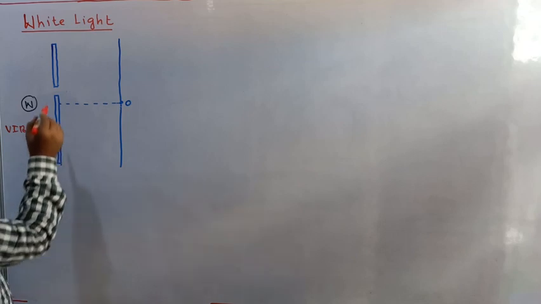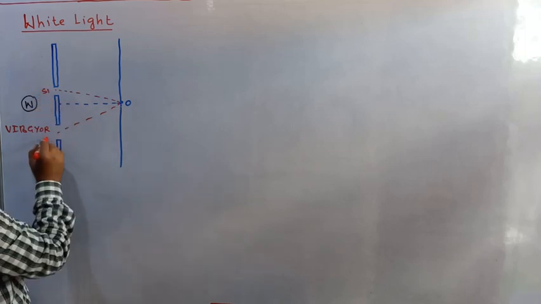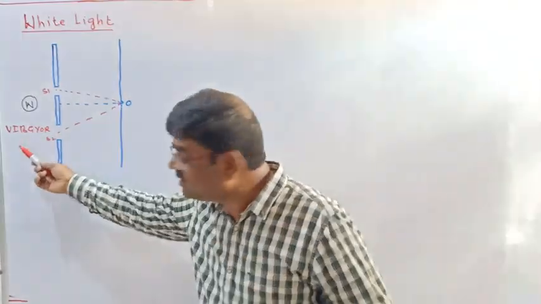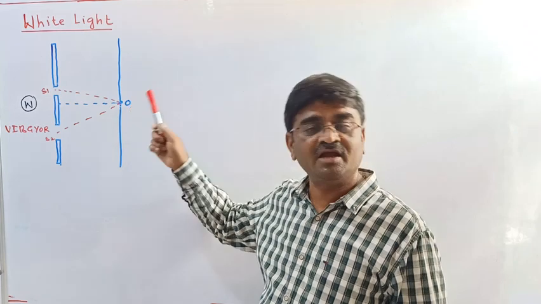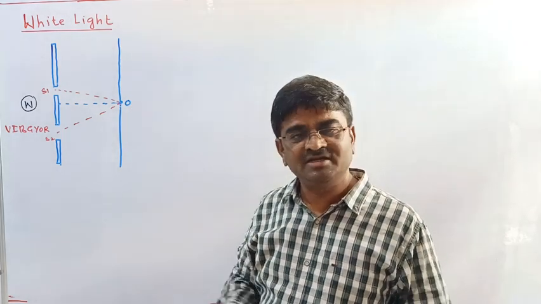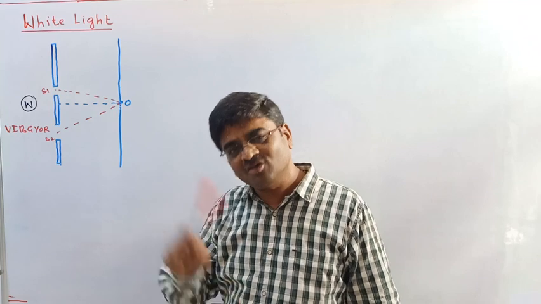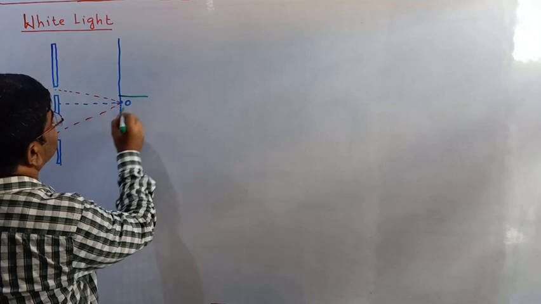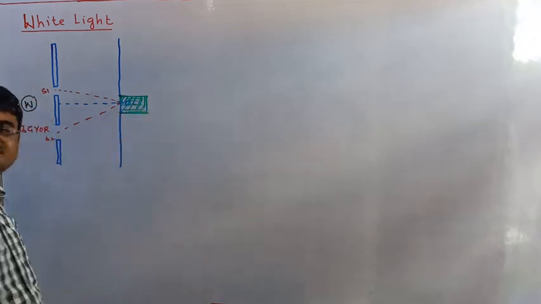So what will happen is that all the wavelengths which come out from the sources S1 and S2, in arriving at O, be it violet, indigo or red, all of them will have zero path difference in arriving at O. So naturally, for all those colors, I get a bright band at O. All those bright bands are going to overlap at O, and as a result, at O we get a bright band where all the colors are overlapped.